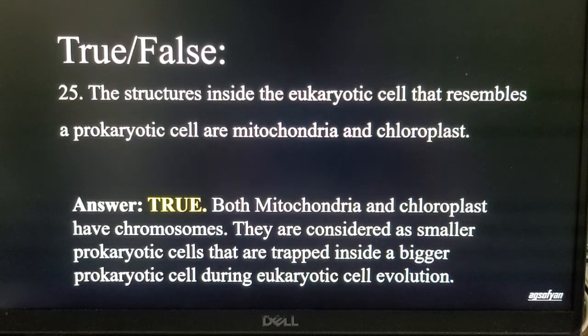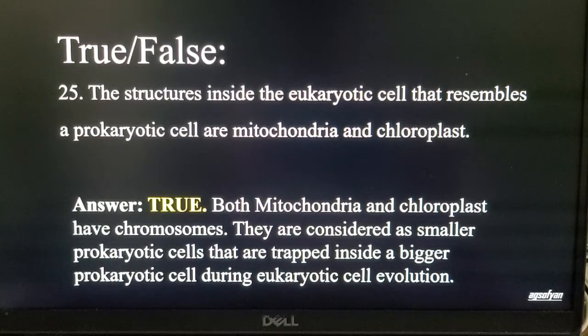Remember the theory that the eukaryotic cell is actually a combination of 2 or 3 prokaryotic cells. One is bigger, the other smaller, and the smaller one enters the bigger prokaryotic cell, and then the smaller cell inside the bigger cell changes into organelles. And the proof is that mitochondria and chloroplast have chromosomes.